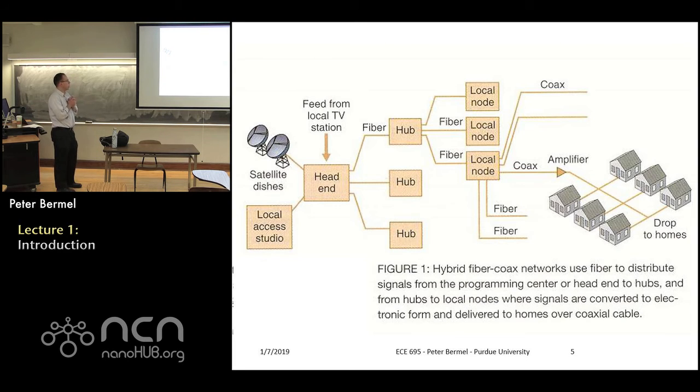And then if you look at a more local scale, you may know that there are a lot of fiber to the home implementations nowadays. This is just one example. If you have Metronet or something else as your home internet service, you may have experienced this.